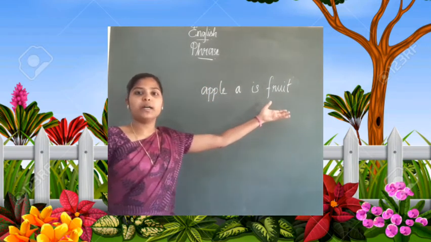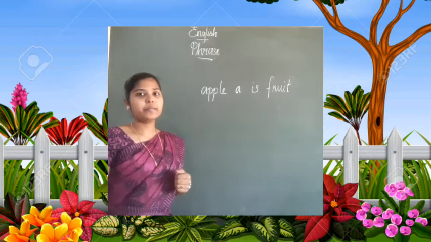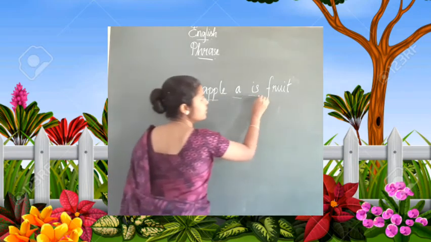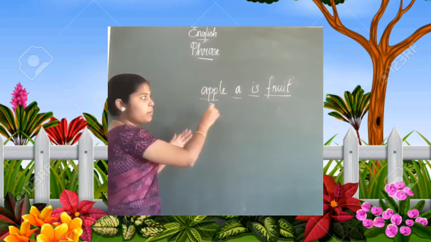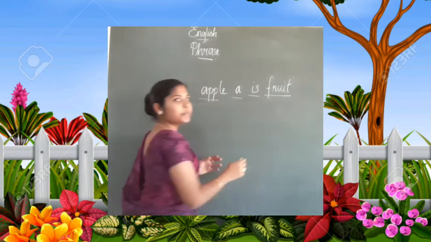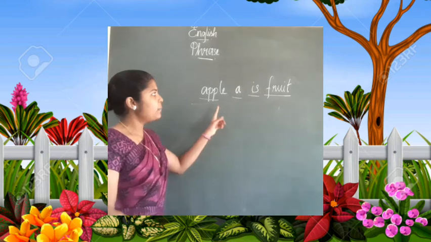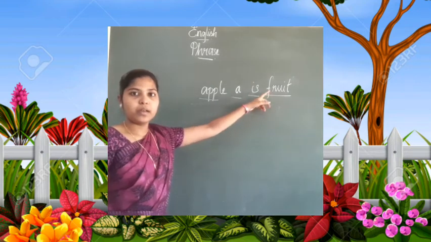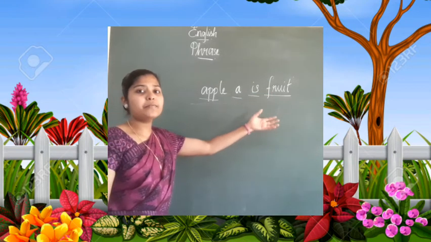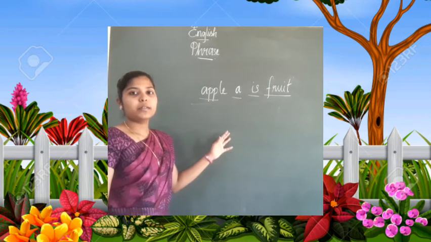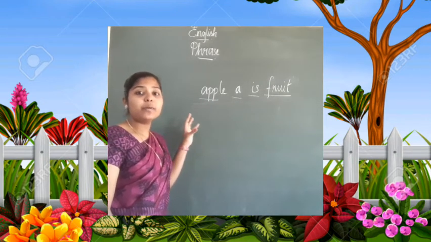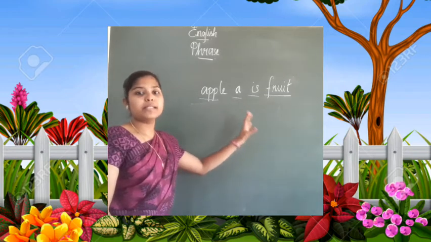It is also a word. So these are separate words. They have meaning, but if we put them together, will it give sense? Apple is fruit? No. So we have to rearrange it based on grammar. Then it will give a complete sense.